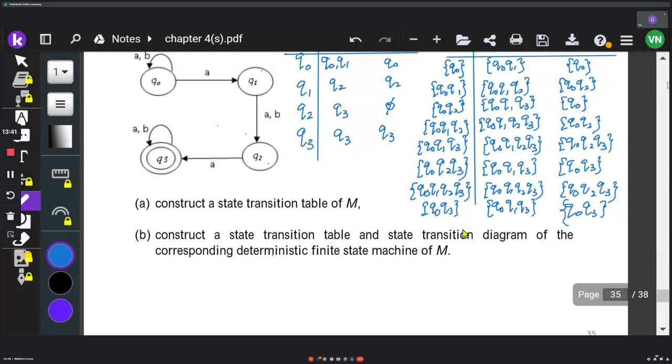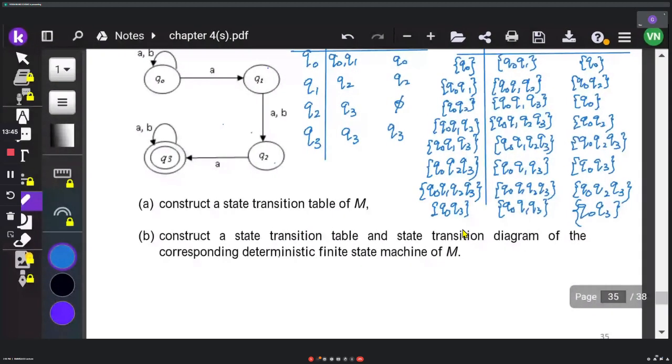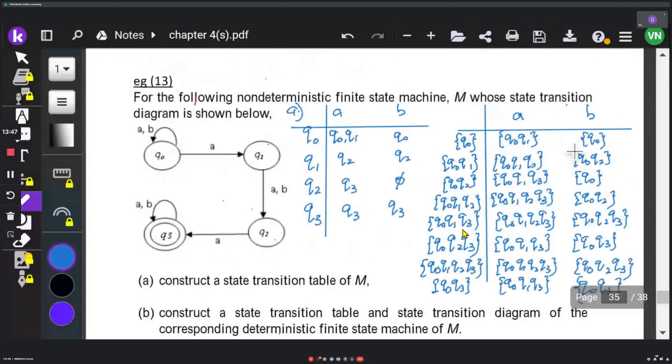Not necessary, because in A and B here, after the input we don't have Q1. So if you put Q1 later on when you grow, you don't have any input going to Q1 also. So it is actually redundant. Okay? Understand that?